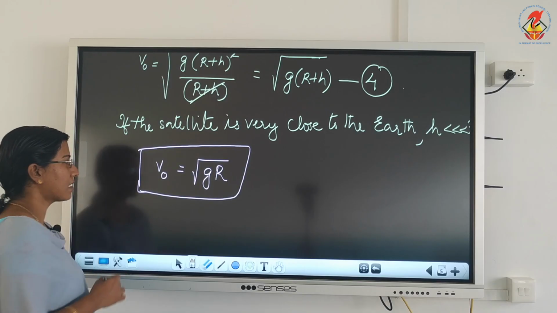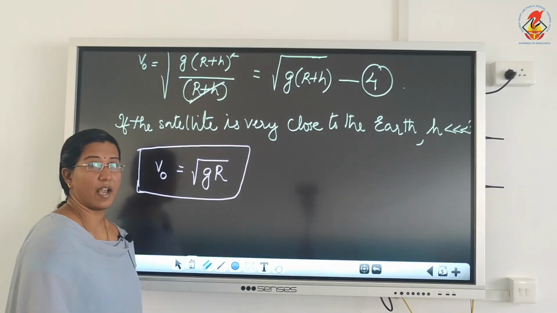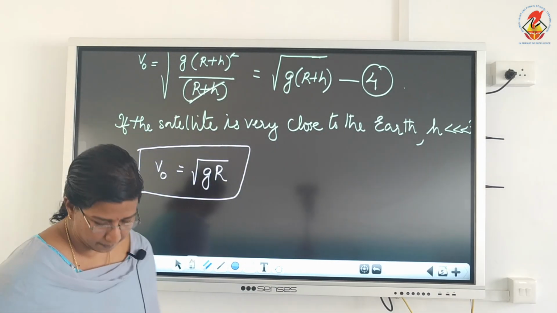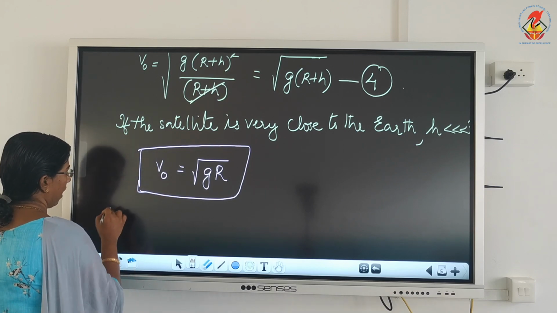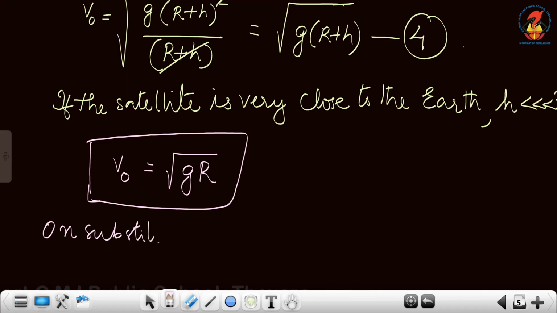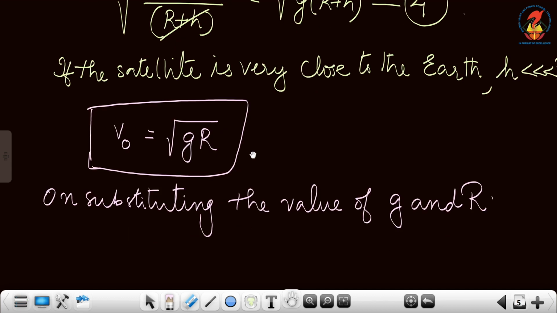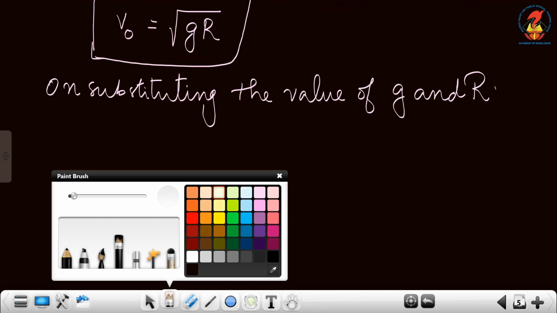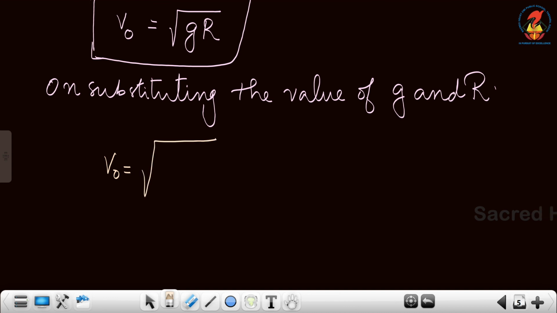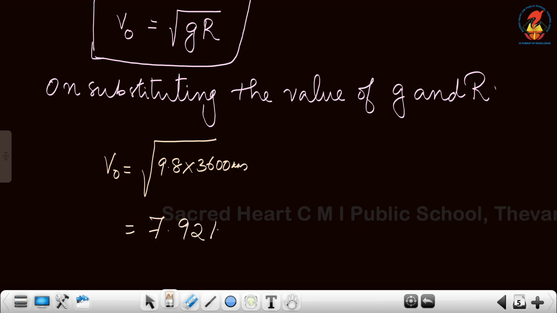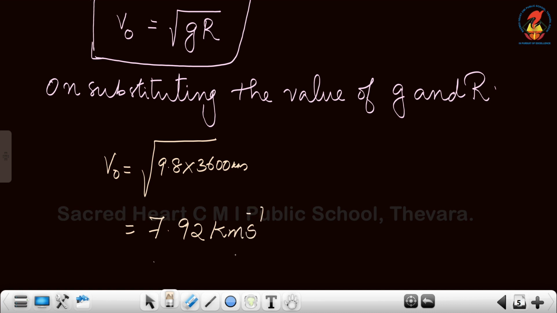Now we know the value of g is 9.8 meter per second square and the value of r is 6400 kilometer. So on substituting the values of g and r, we get the velocity of a satellite which is very close to the Earth as 7.92 kilometer per second.